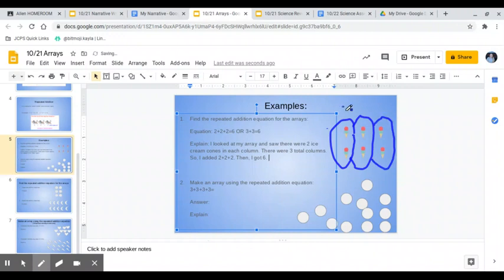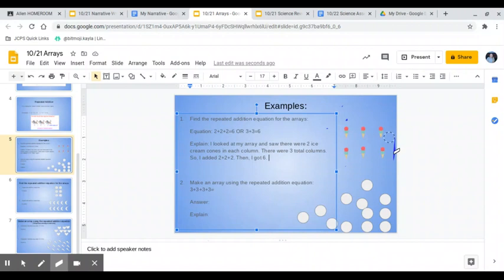So 2 plus 2 plus 2. That's where I got 3 different 2's, because I had to have 3 different columns. 1, 2, 3. So that's how we find our equation when we look at an array.